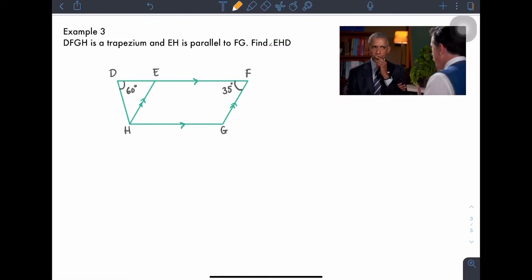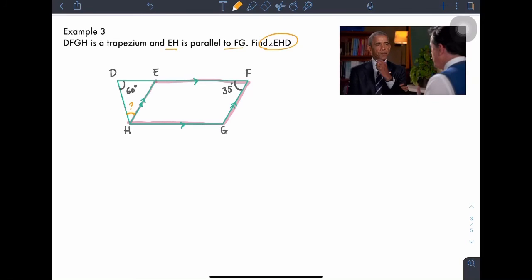But first, we focus on the question. EH is parallel to FG. Find EHD. So they want you to find this angle. As I said before, this is the shape of a parallelogram.